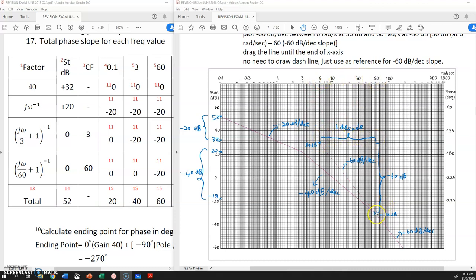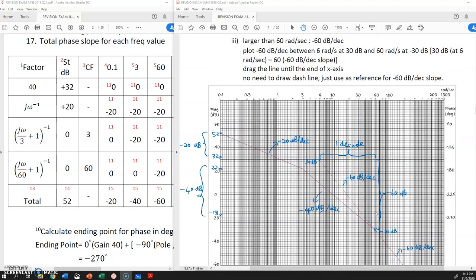Here we stop at negative 30 dB. We extend 1 decade back, 1 decade before 60. So this one should be negative 60, so it should be at positive 30 dB at 6 radian per second.